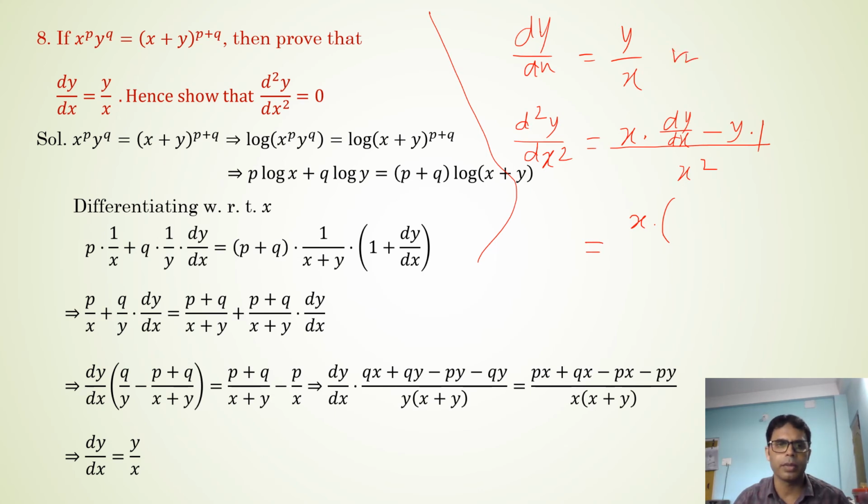Here you can just write y by x, minus y is there divided by x square. Here x and x cancel, this 2x is cancelled, and so it is y minus y by x square, y minus y is 0, so it is finally 0.